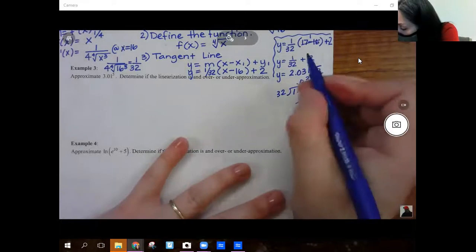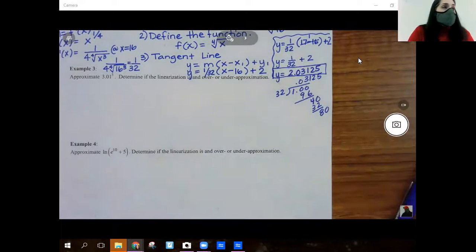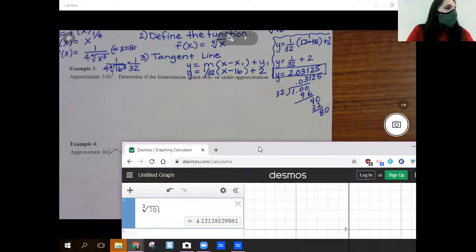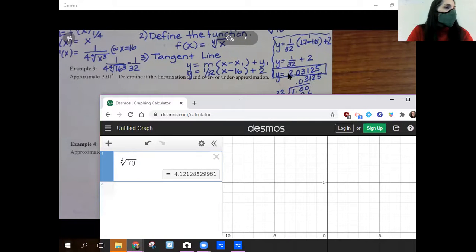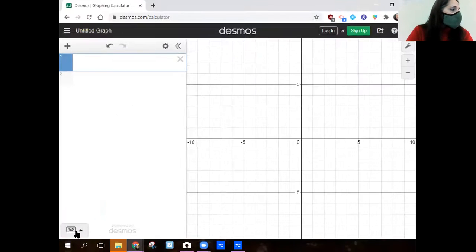All right, so let's actually check it and see how accurate we are with this. Let me get my Desmos and plug that in. All right, so we had 2.03125. The fourth root of, how do I do fourth root? Here we go.